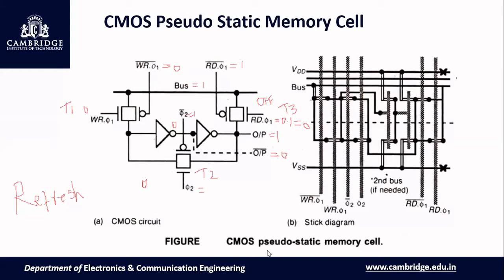So for refreshing, phi2 should be made 1, so that T2 will be on. During that time, we can make phi1 as 0 and WR as 0, so that WR dot phi1 will be 0, and WR dot phi1 bar will be 1, so that the T1 transmission gate is off.